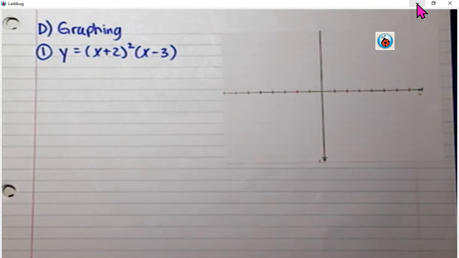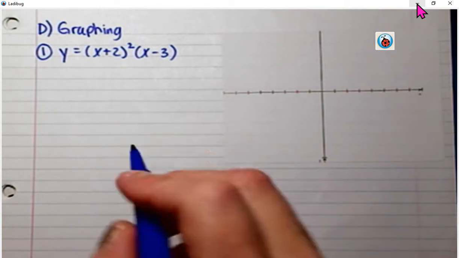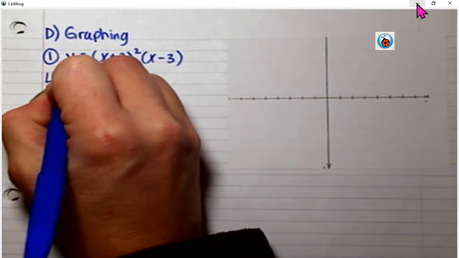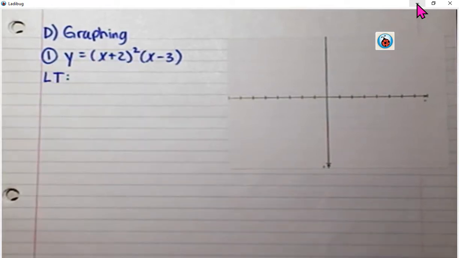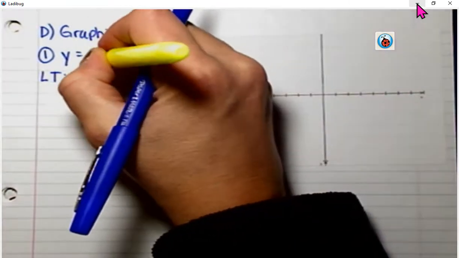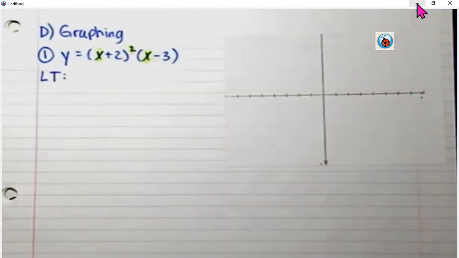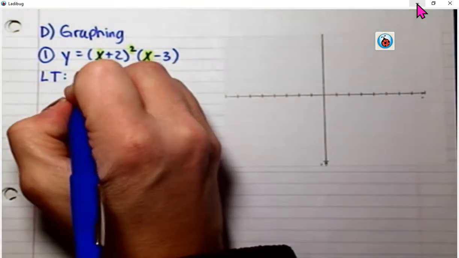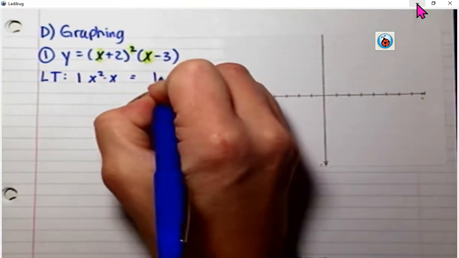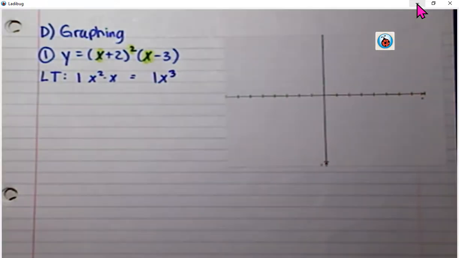So we need 3 things. We need to know the leading term so that we can figure out the degree and the leading coefficient. So we get 1x squared times x is 1x cubed. Now, what I do next is put my arrows.